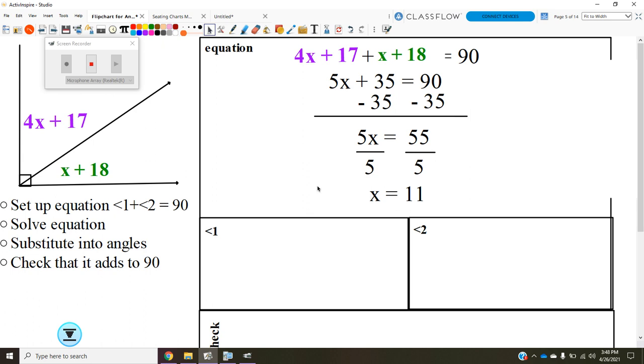However, the ultimate goal is to find out exactly how many degrees is this purple angle, and how many degrees is the green angle. So we're going to take our 4x plus 17 and sub in the 11 that we just found.